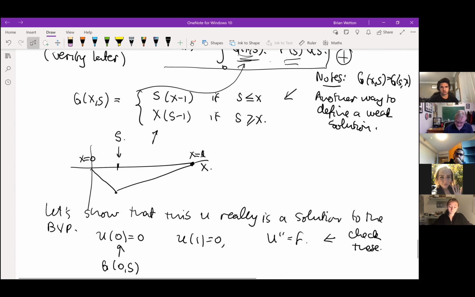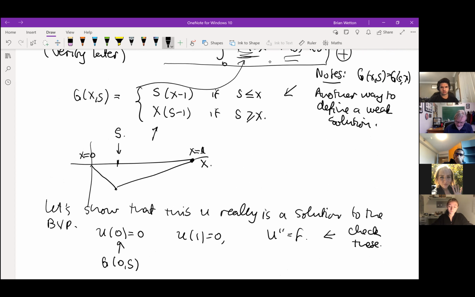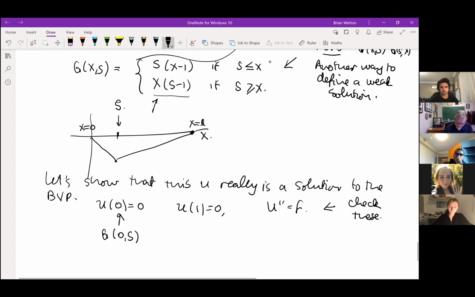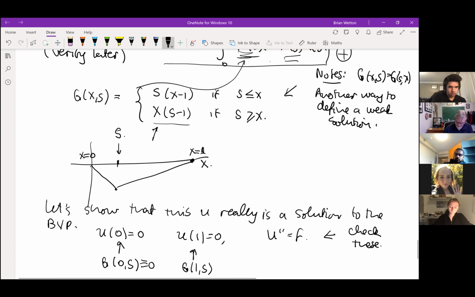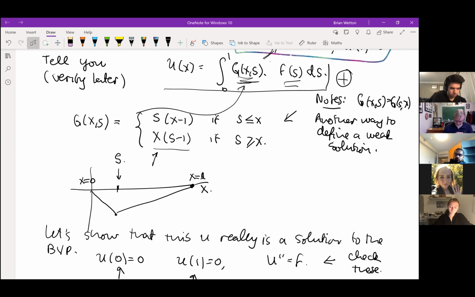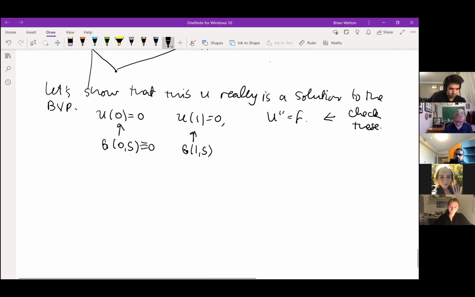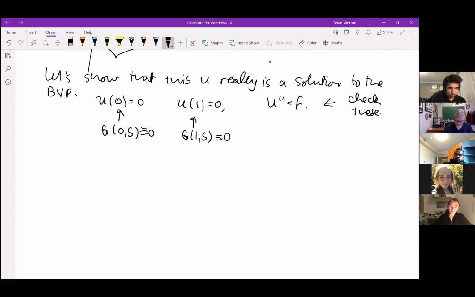This is s bigger than or equal to x, so I'm going to use this form. That's identically equal to 0. And if I look at G at 1 and s, that's when s is less than or equal to x, and so I get that it is identically 0. So this is good, right? No matter what the data is, I'm going to get the right boundary conditions.